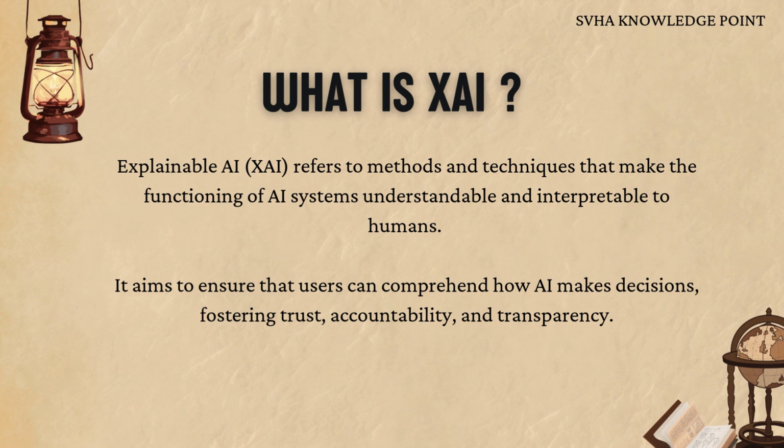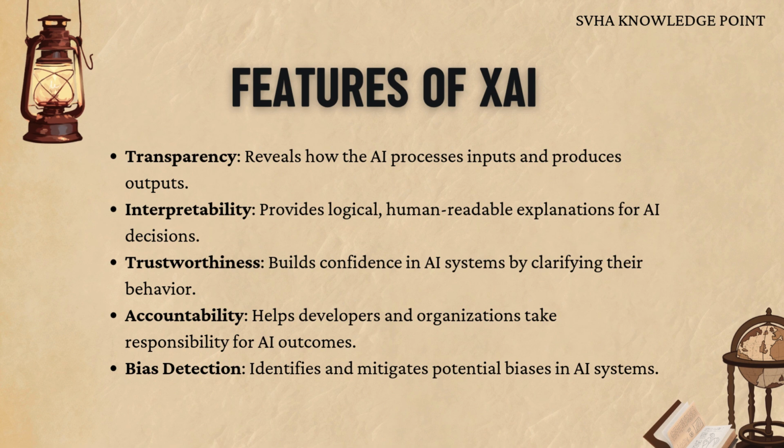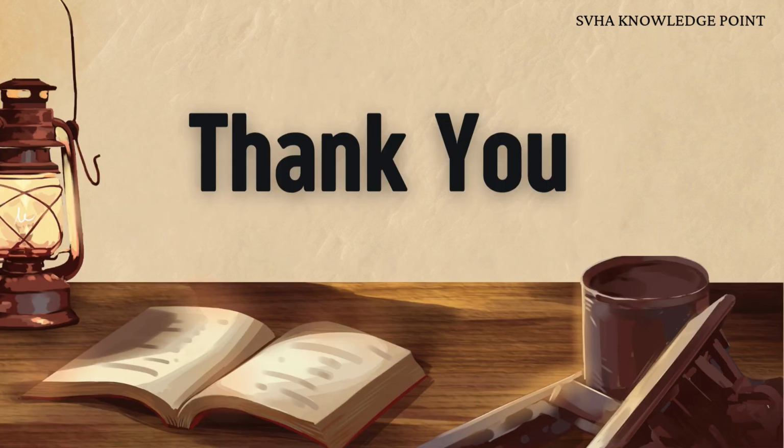XAI aims to ensure that users can comprehend how AI makes decisions, fostering trust, accountability, and transparency. Moving forward to the features of XAI: transparency, interpretability, trustworthiness, accountability, and bias detection.